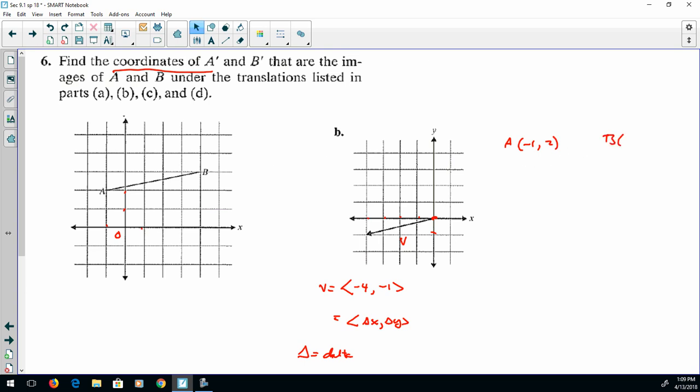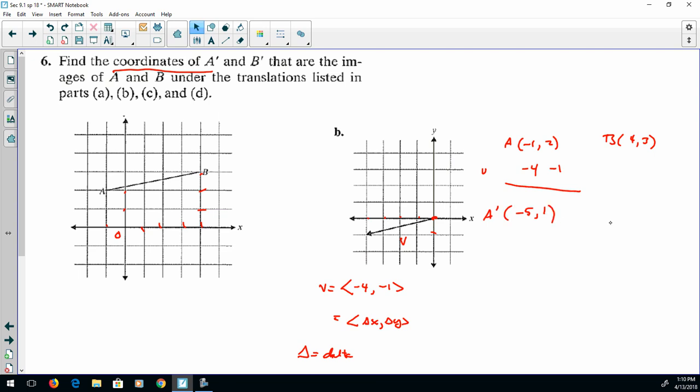So it's 4 for the X and 3 for the Y. Now V tells us what to do. It says change the X values this much and the Y values that much. So -1 minus 4 is -5. 2 minus 1 is 1. This is where the new A is.